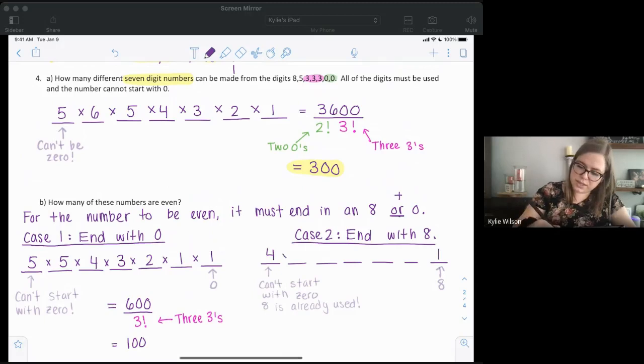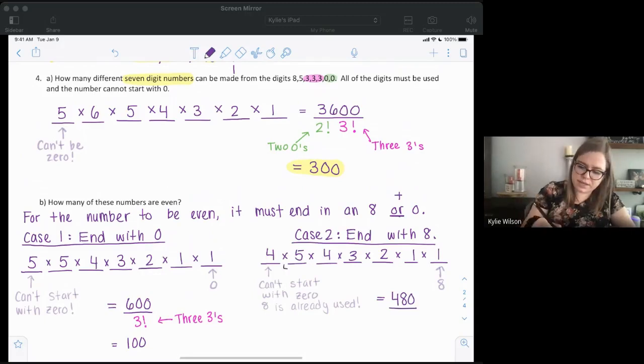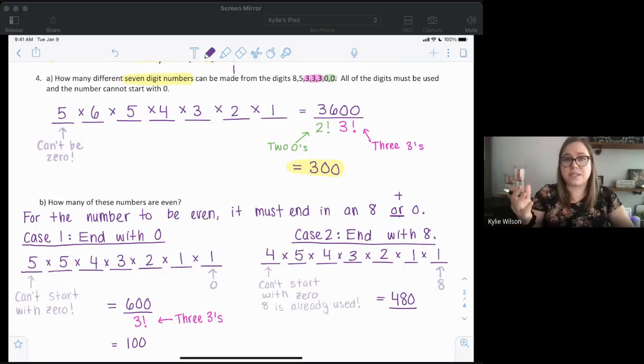Now for the ones in between, we'd have 5 left because we've already assigned 2 numbers, then 4, and 3, and 2, and 1. And then I'm going to multiply all that out, so 480. Now in this case, because of the variable stuff in the middle, the 2 zeros could be anywhere, and we're already accounting for them being separate.